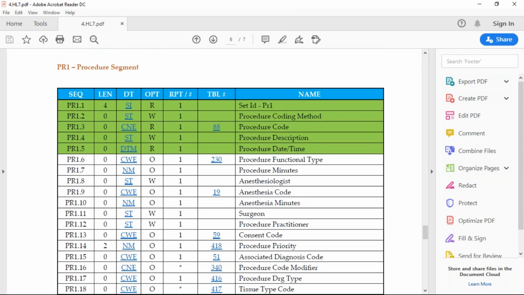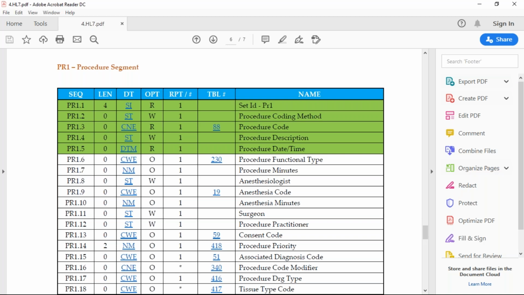Next, we'll quickly see the PR1 and DG1 segments. PR1 will again have the same procedure code related information which we are sending in FT125. So PR1.1 is a set ID, PR1.2 is procedure coding method, and PR1.3 is procedure code. Procedure coding method is the standard method that we are using, which is CPT codes.